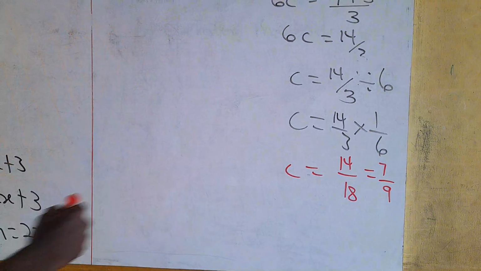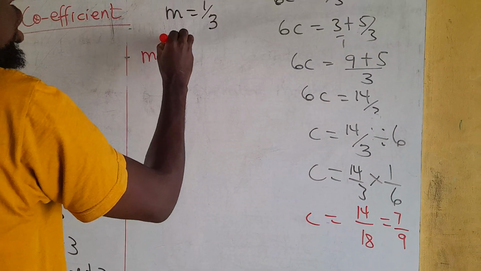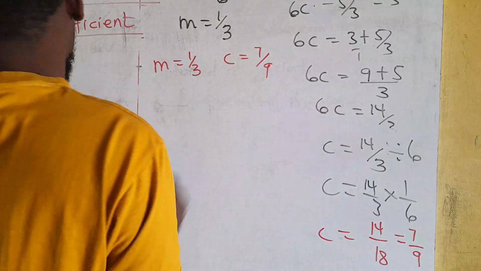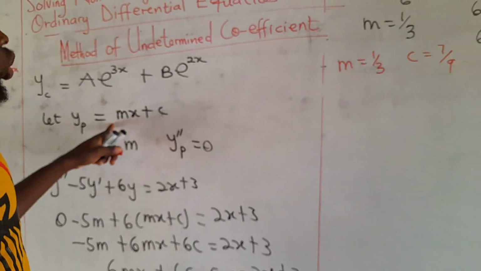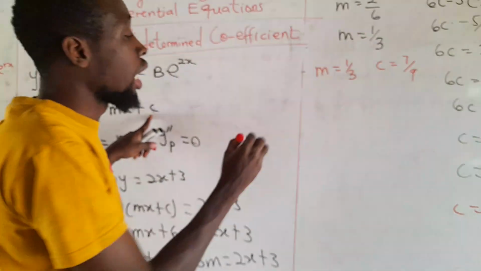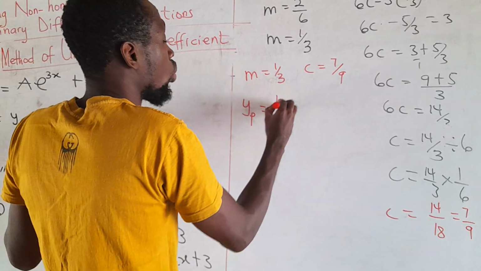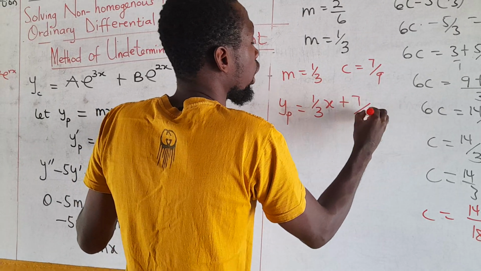So our c is equal to 7 over 9. So m is 1/3 and c is equal to 7 over 9. Then we can say our y of p should be equal to mx plus c, so our y of p will be equal to 1/3 x plus 7 over 9.